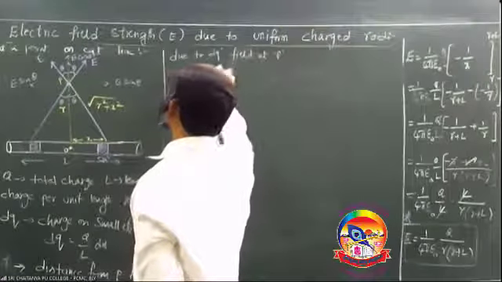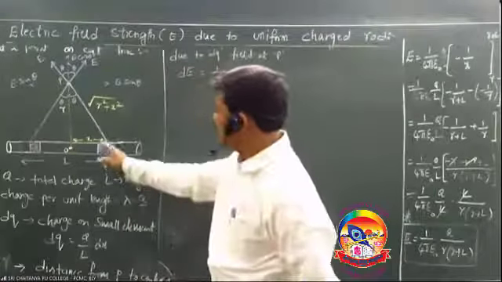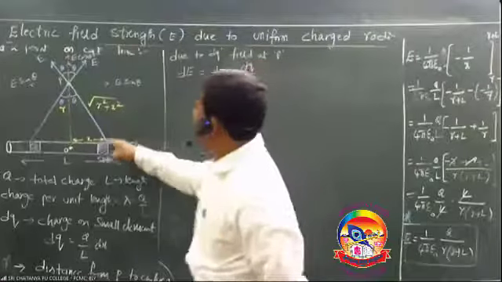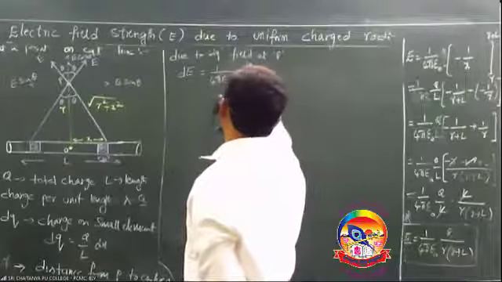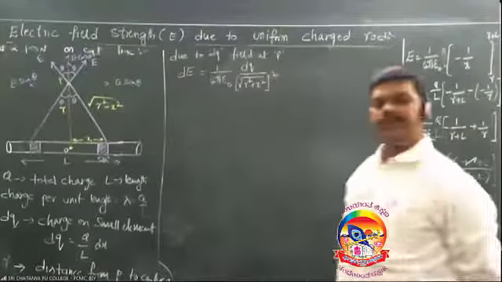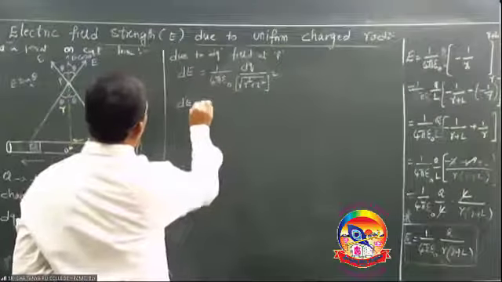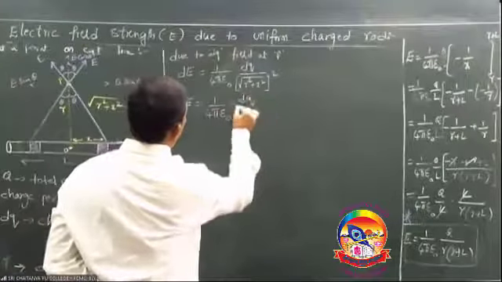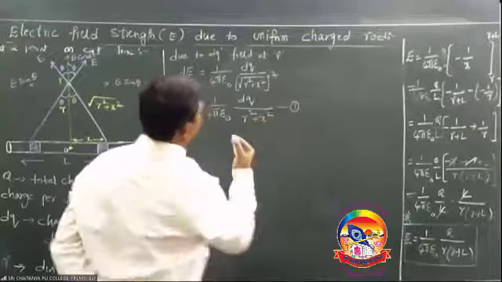What is the formula? dE is equal to 1 by 4 pi epsilon naught, charge dq, by distance root over r square plus x square whole square. So it comes as dE equals 1 by 4 pi epsilon naught dq by r square plus x square.